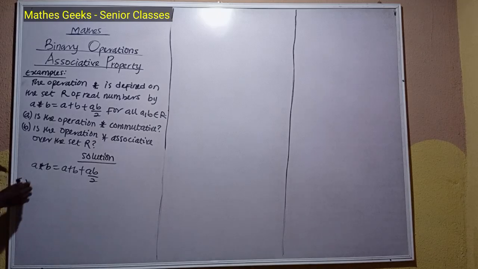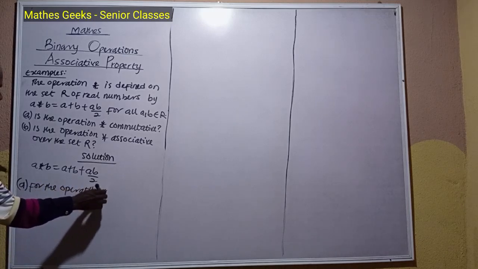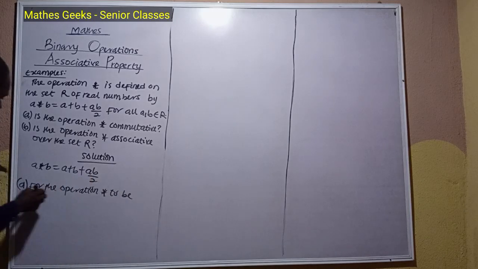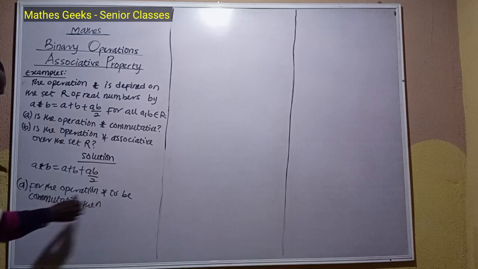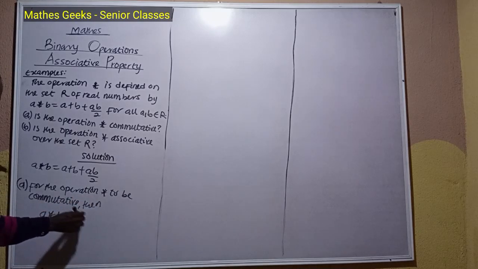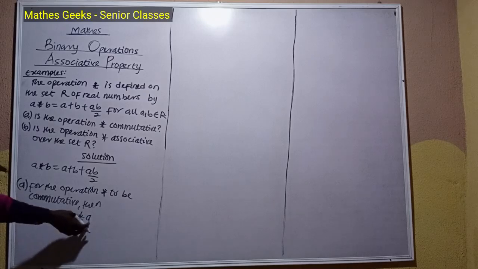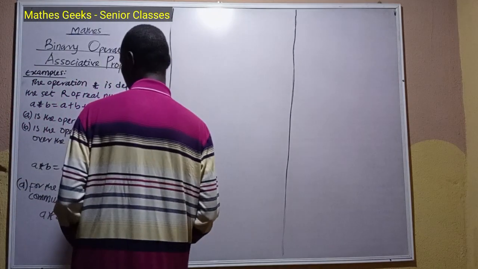For the operation star to be commutative, then A star B must be equal to B star A. So this condition has to be met before we can say that the operation star is commutative. So let's check if the condition is met.